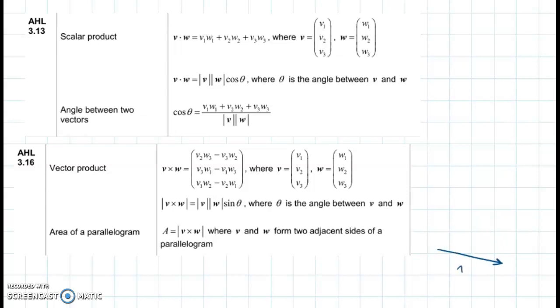So if we have V and we have another vector W, then they determine a parallelogram. Well, it doesn't look very parallel in my picture. The area of that parallelogram is the length of the cross product between V and W.